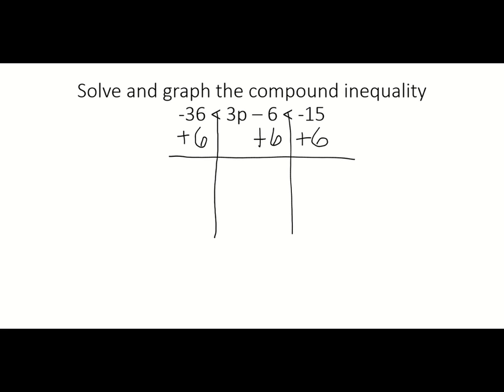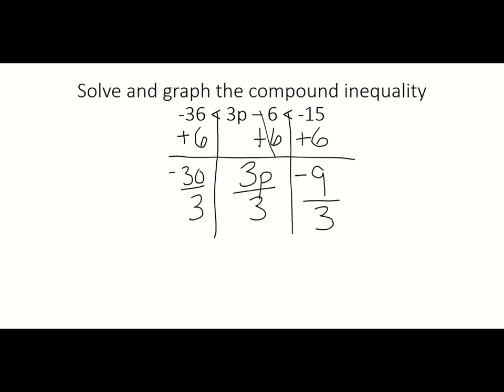So -36 plus 6 is -30. Drop down 3p. And -15 plus 6 is -9. And then again, go back to the middle where you have 3p. We want to divide everything by 3 to get p by itself.